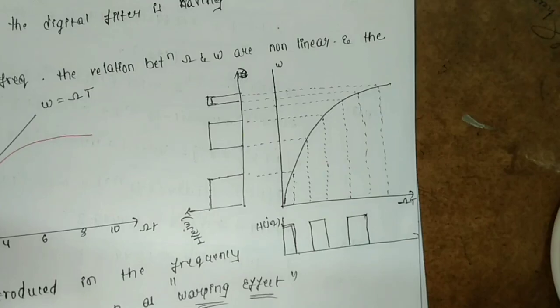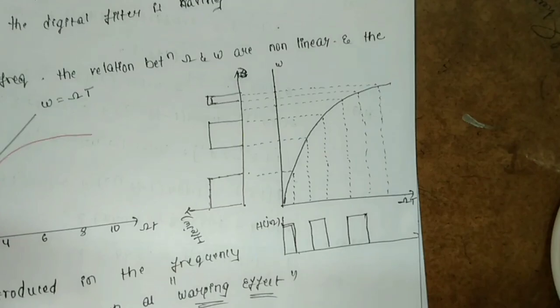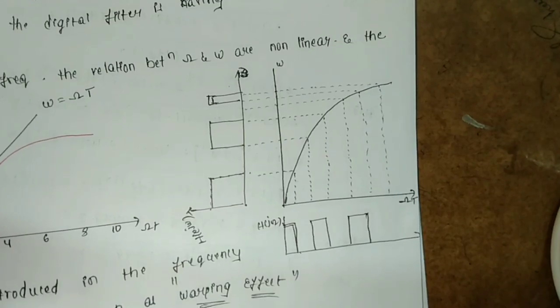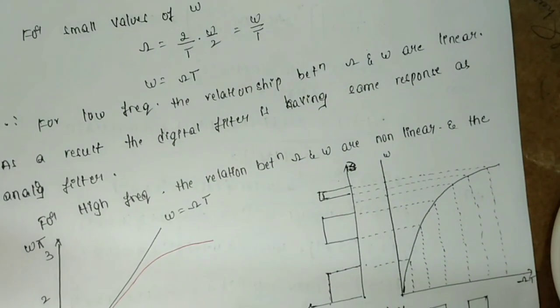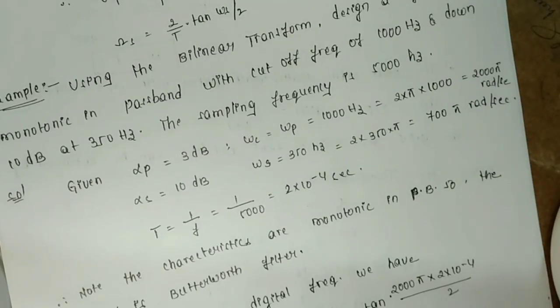But if you increase the frequencies, the angular frequencies will not convert properly into the digital frequency; even though they are converting, there is distortion. This is the wrapping effect. To avoid this wrapping effect, we go for pre-warping of the filters before designing.